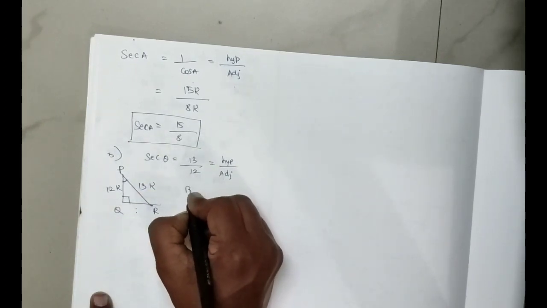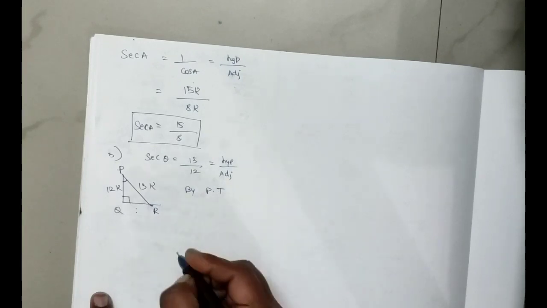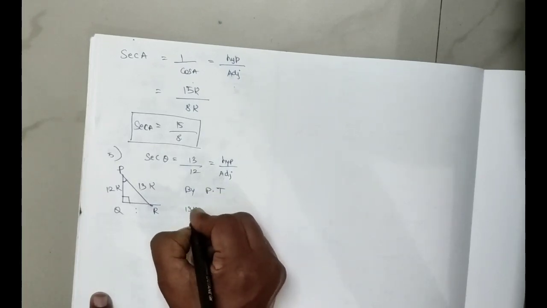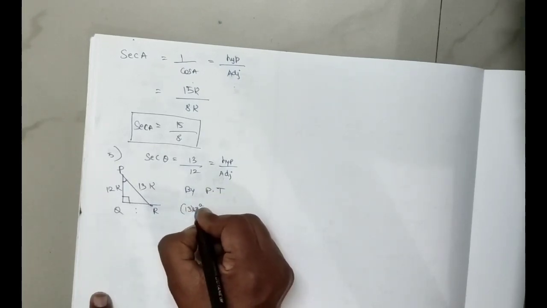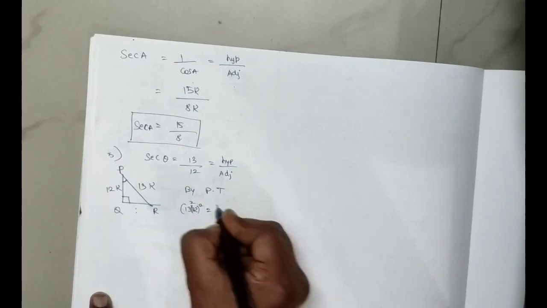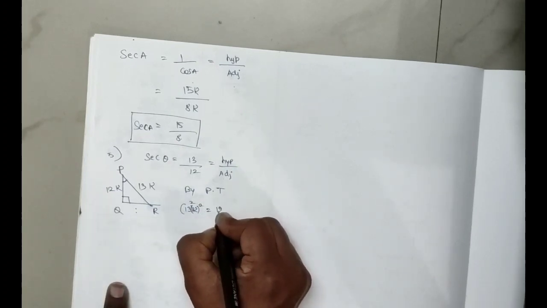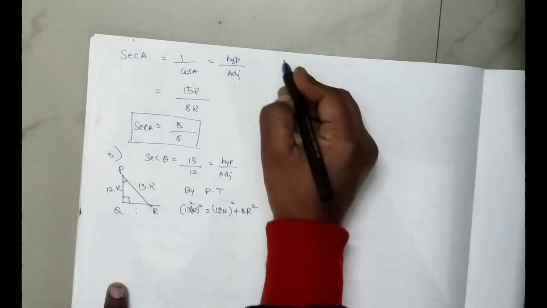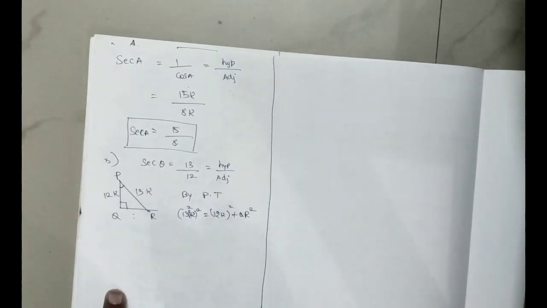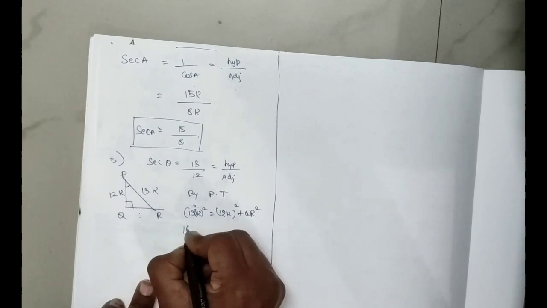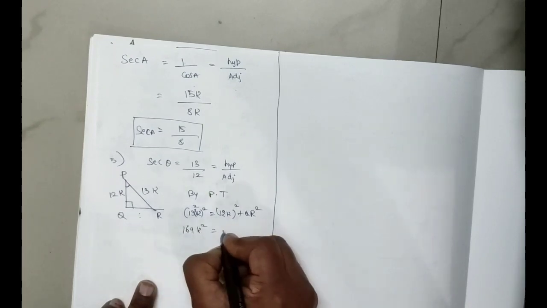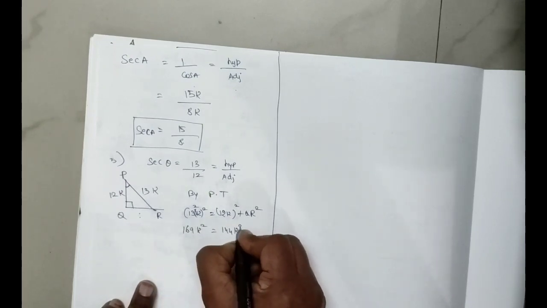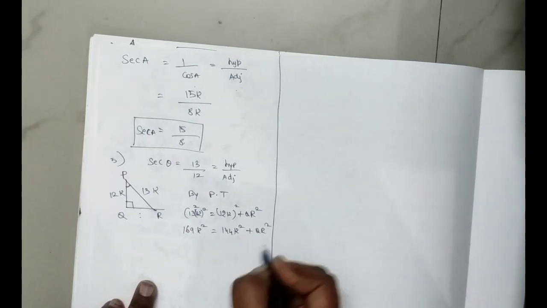Again, we know by Pythagoras theorem, 13K square is equal to 12K the whole square plus QR square. So 169K square equals 144K square plus QR square.